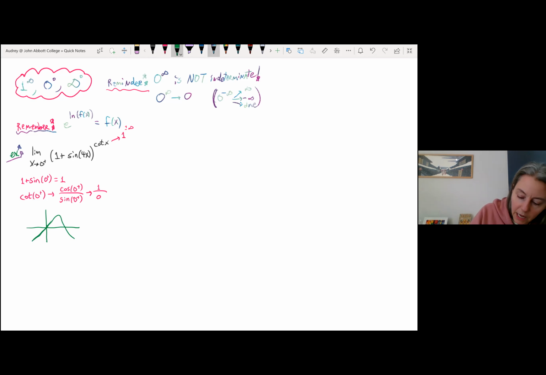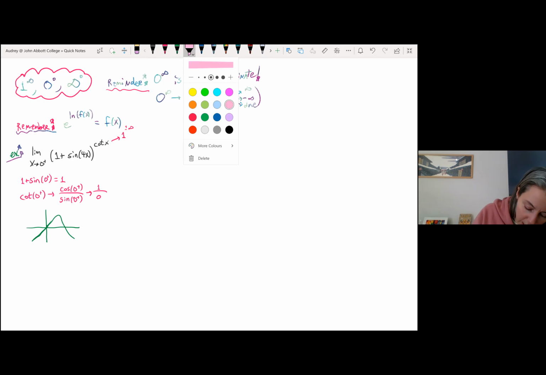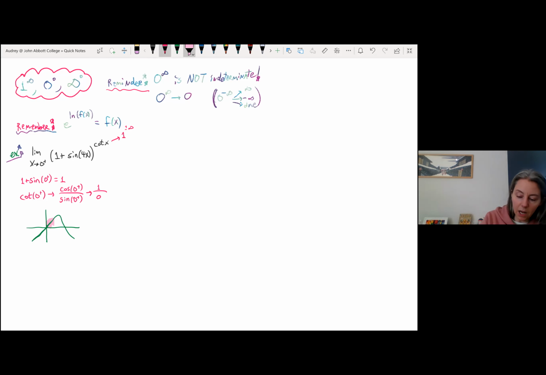So if I'm looking at sine of 0 from the right here, then I'm looking at values that are on the right side of 0. And I can see that as I get closer and closer to 0 on the right side, those values are positive. So this is actually 1 over 0 from the right, which is positive infinity. So this is 1 to the power of positive infinity, which is an indeterminate form.